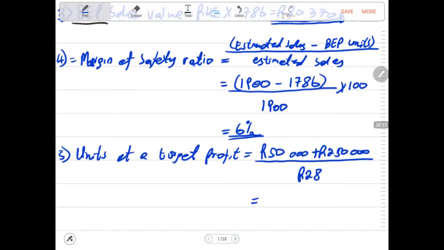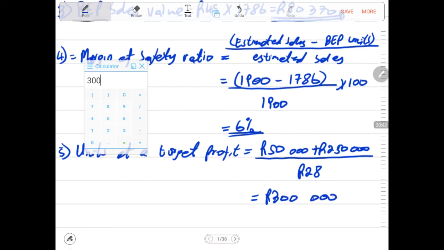Then after, let me just add the two. We have 250,000 plus 50,000 rands. This gives us 300,000 rands. Then after, we divide this by 28 rand. So now we say 300,000 rands divided by 28 rand. How much do we get?